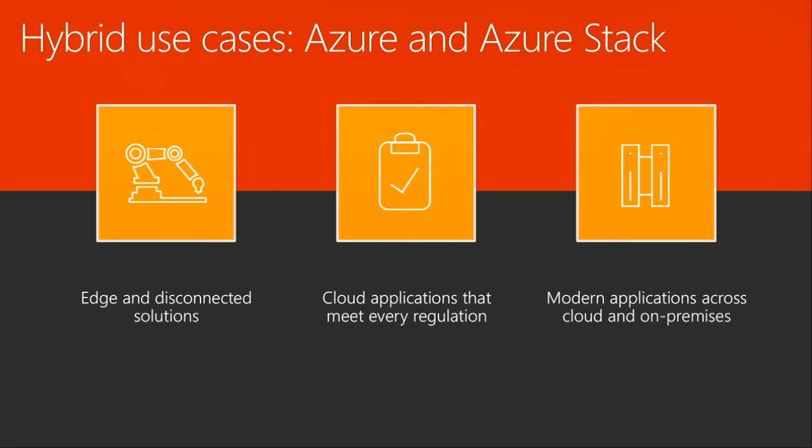Therefore, they want a middle step that helps them move forward, embracing these new technologies while maintaining control. So that's the third scenario you see here, the modernization of your applications.